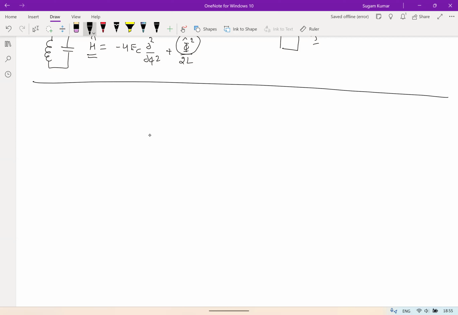And in fact, I can say the general superconducting circuit is nothing but this one: you have a Josephson junction, and this Josephson junction is going to couple with some capacitor.